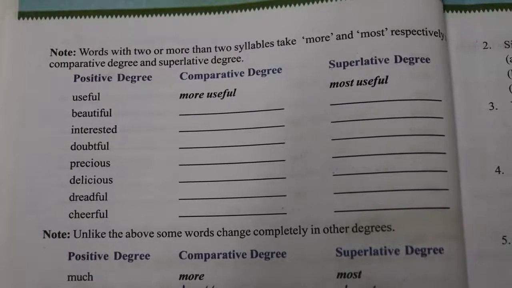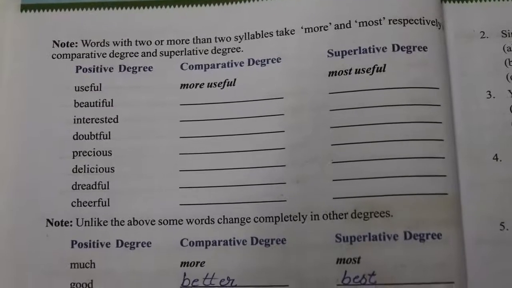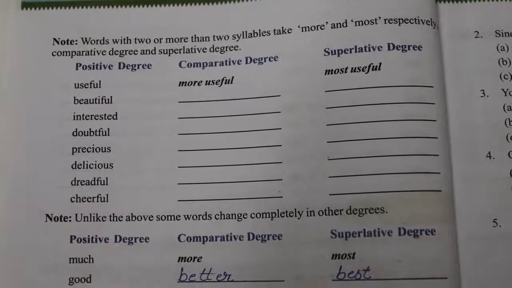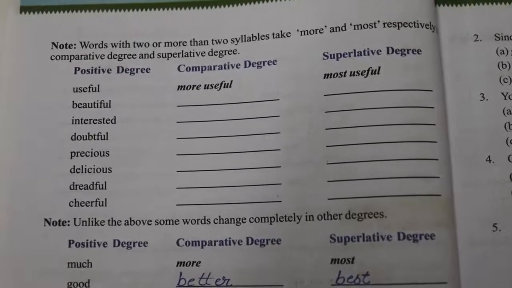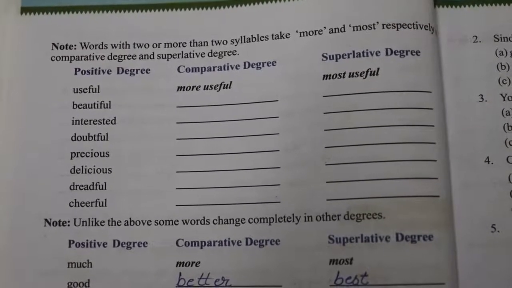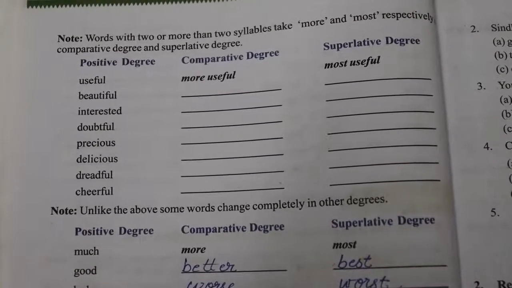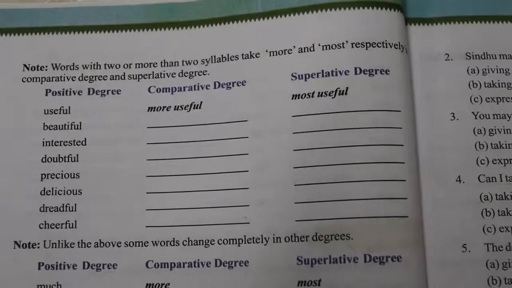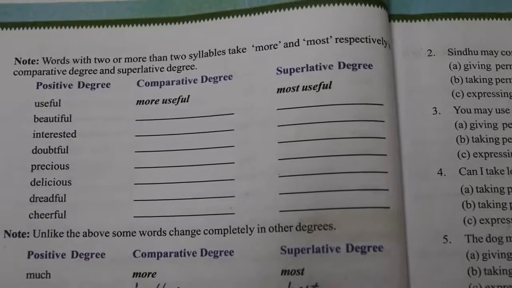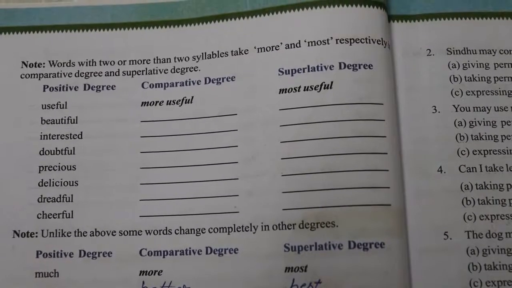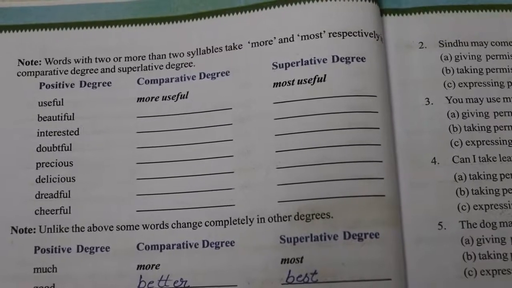Just pause for a moment and write down in your book like more beautiful, most beautiful, more interested, most interested. All those words up to cheerful, please write down. Then only you need to go to the next part. Please pause the video and write down everything, okay?